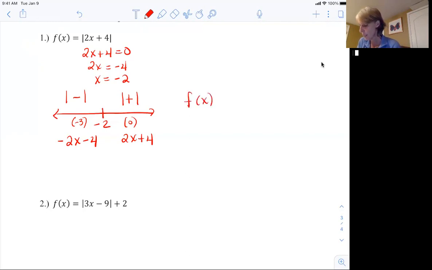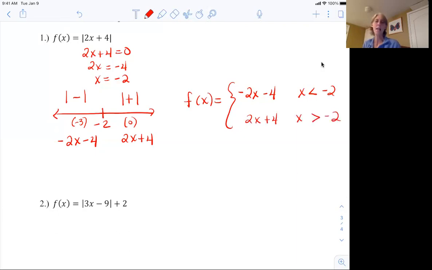So we're going to write this. Negative 2x minus 4 when x is less than negative 2, and 2x plus 4 when x is greater than negative 2. And now the only number we don't have going someplace is negative 2 itself.